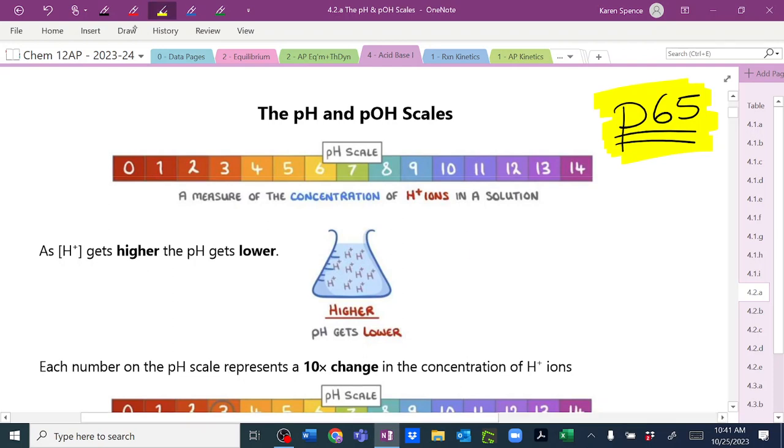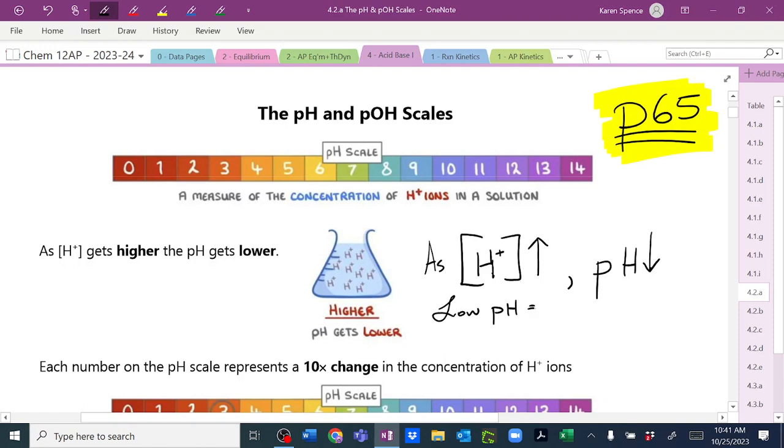Now, as hydrogen increases, pH does what? Decreases. So a low pH is acidic, and a high pH is basic.